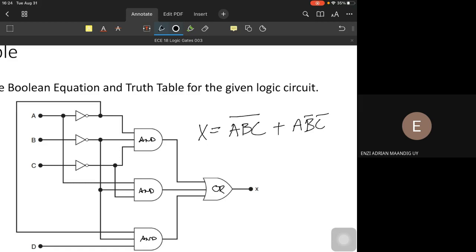Plus A, B prime, A prime, B prime, D din, sir. Yes, sir. Sa mali nga. How about the others? The same answer?